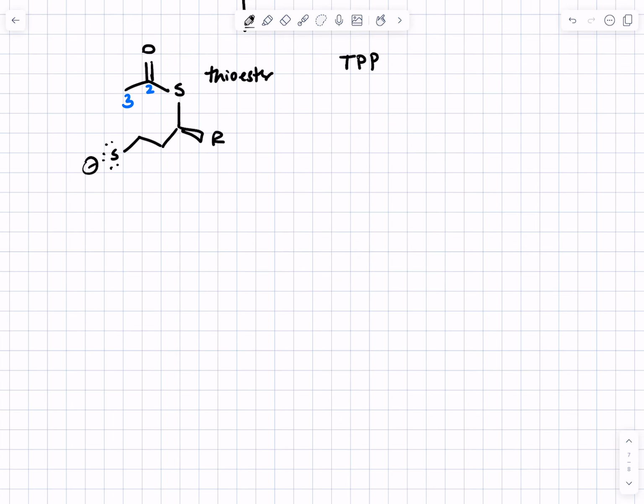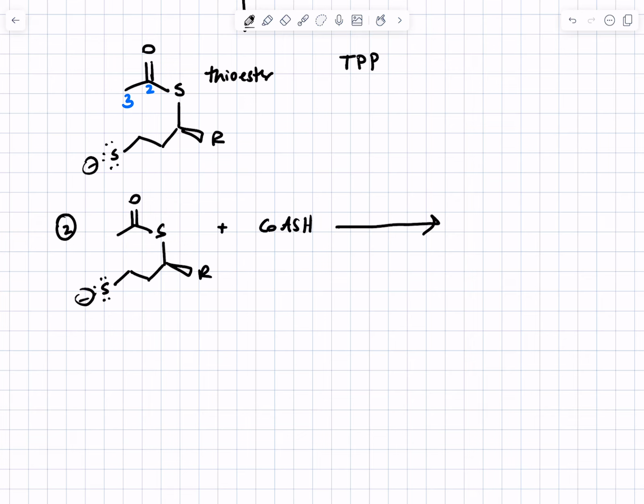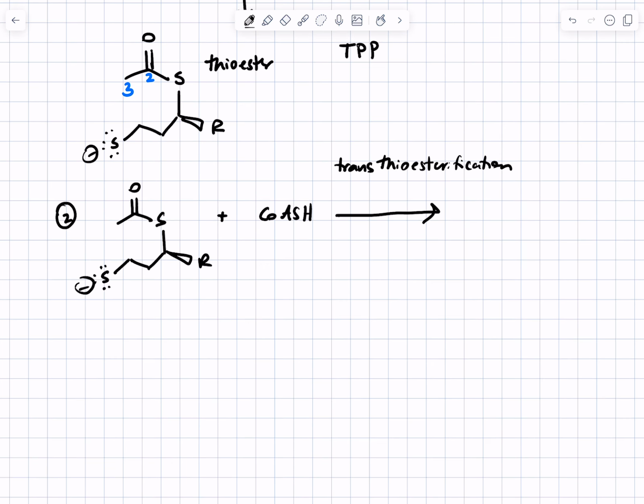Okay, to connect loose ends, step 2 of the pyruvate dehydrogenase complex is going to take this thioester that we just made and do a transthioesterification reaction. So that's a lot of words, but basically we're going to swap out thiol groups. Coenzyme A thiol is going to do nucleophilic acyl substitution on blue carbonyl 2.